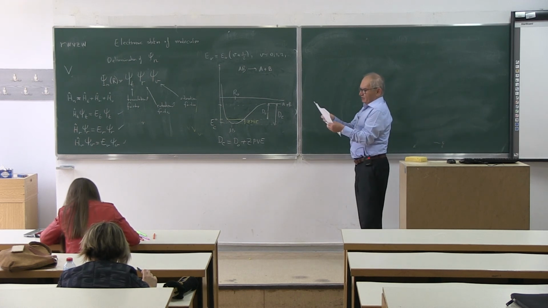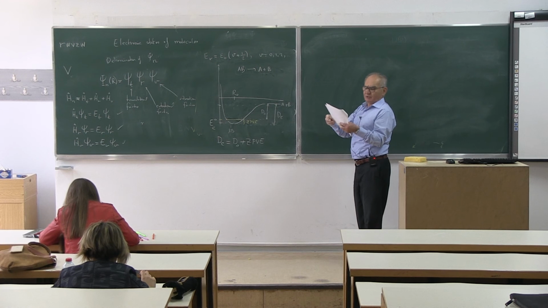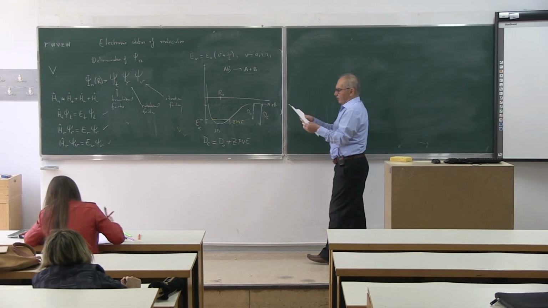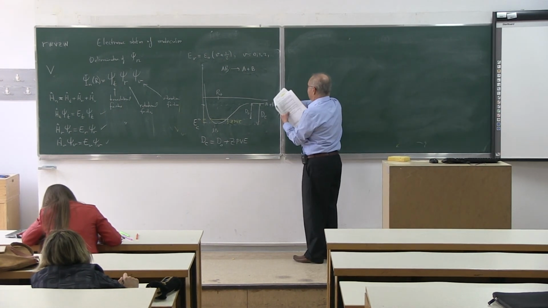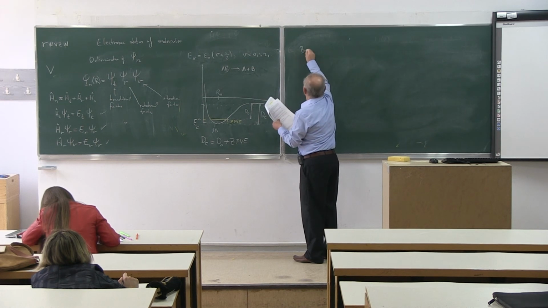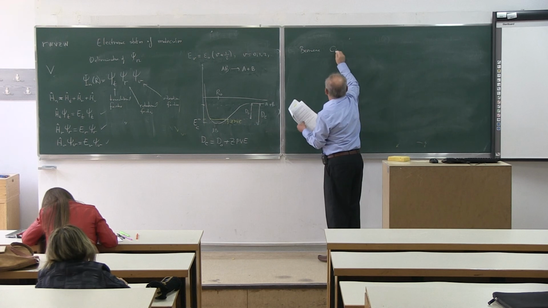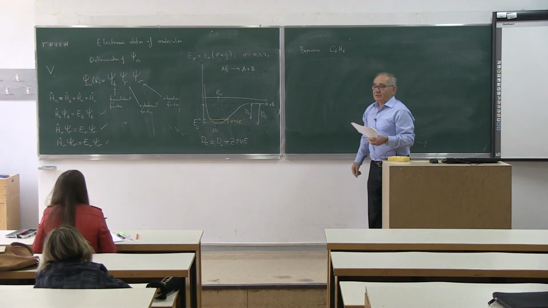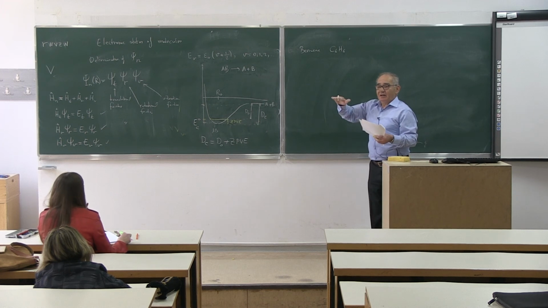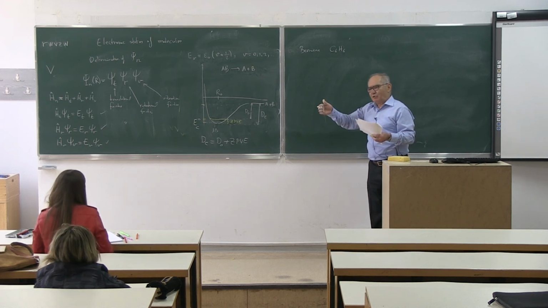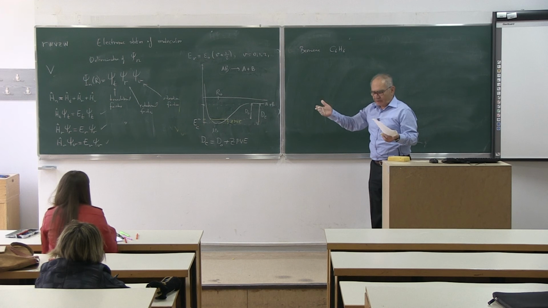In one exercise, find the number of vibrational frequencies in the following molecules. One of them is the benzene molecule. Benzene has 6 carbons and 6 hydrogens. Is it a linear or non-linear molecule? Non-linear.